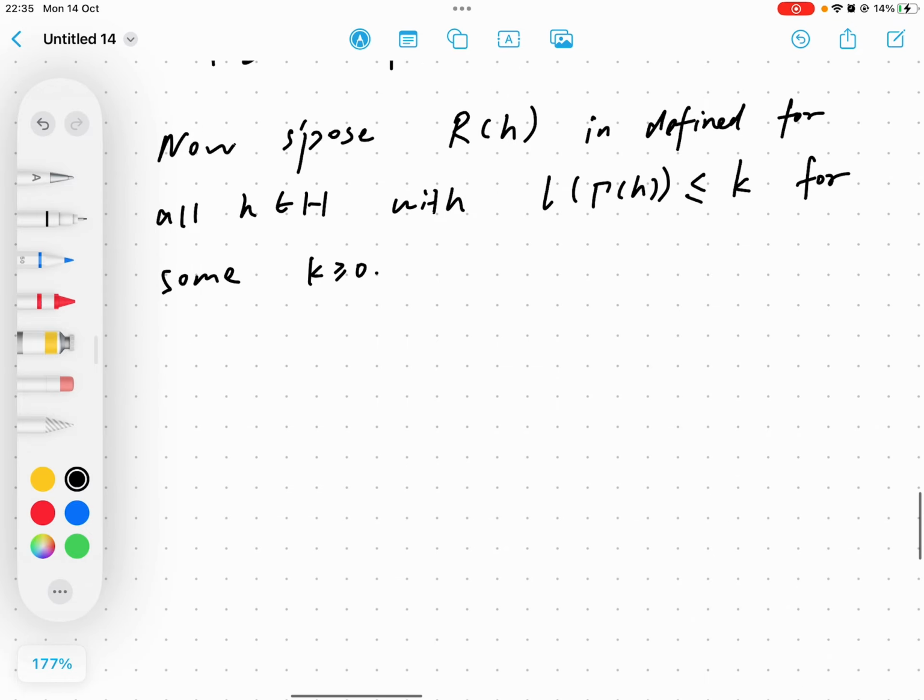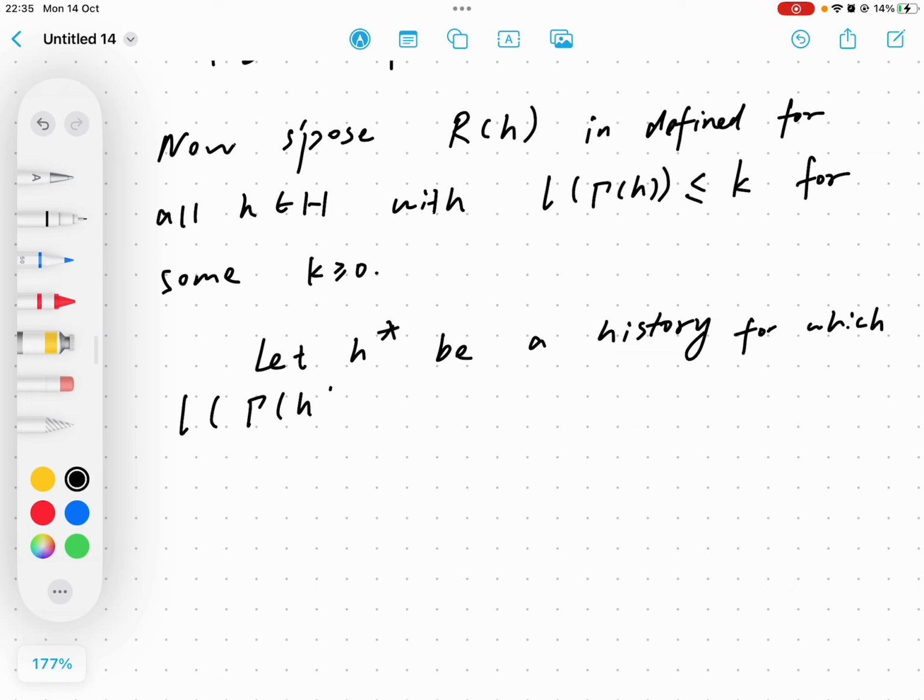All right, and then let some H star be a history where the length of Γ(H star) is actually K plus 1.